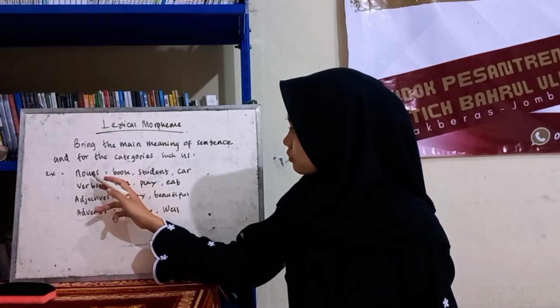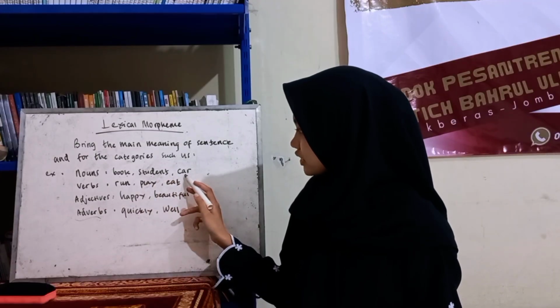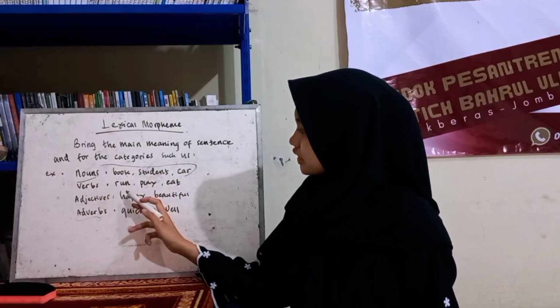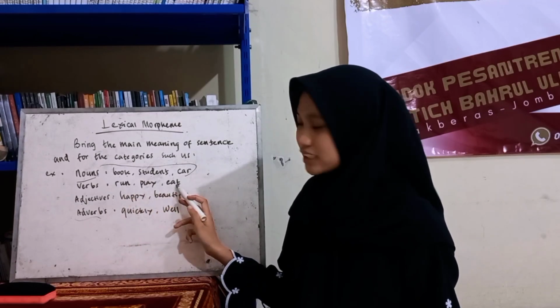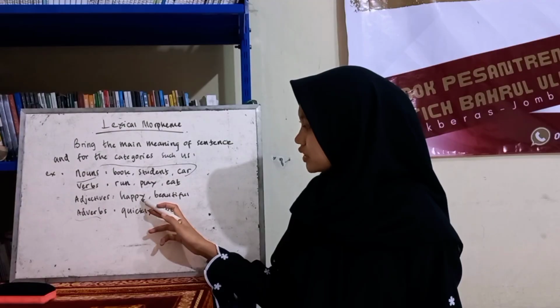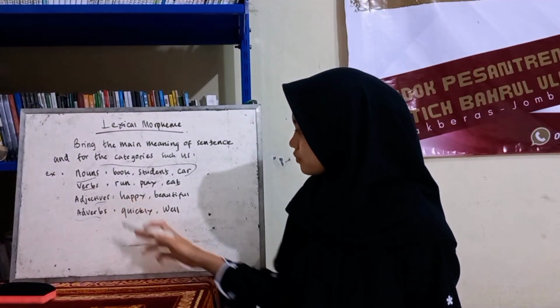Book, students, car are kinds of nouns. Run, play, eat are kinds of verbs. Happy and beautiful are kinds of adjectives.